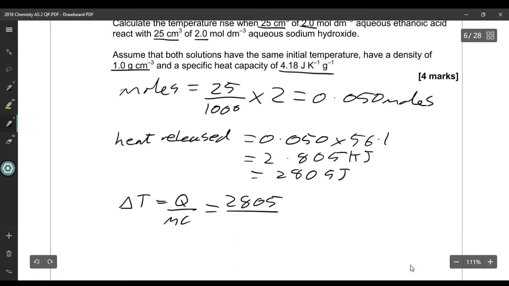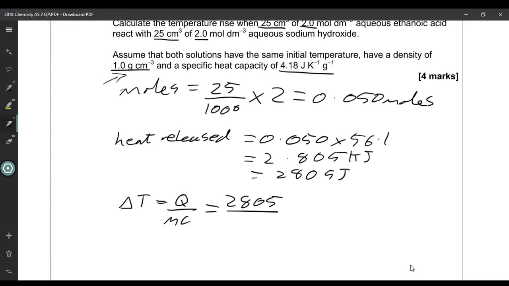Our mass is, we've been told that the density is 1 gram per cubic centimeter. Now our total volume is 25 cubic centimeters of ethanoic acid and 25 cubic centimeters of sodium hydroxide.